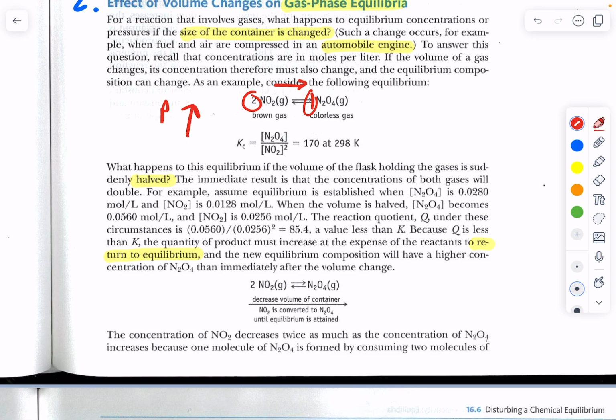By the same token, if you had a decrease in pressure, how can this reaction compensate for that? Well, by going to the left, you can break down one particle into two particles, and now you have more particles banging against the inside of the container in which the gas is, and that will increase the pressure to offset the stress of reducing the pressure.